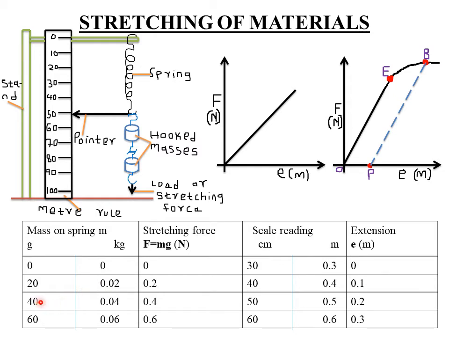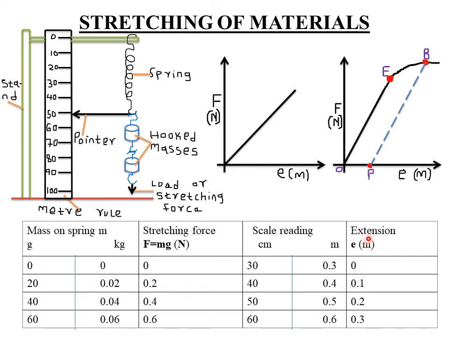When we add the mass to 40 grams, the force applied is 0.4, the extension also increases to 0.2. So you can clearly see that whenever the stretching force is increased, or whenever the masses are increased, the extension is also increasing. That is from 0 to 0.2 to 0.4 to 0.6, and the extension is also increasing from 0 to 0.1 to 0.2 to 0.3.